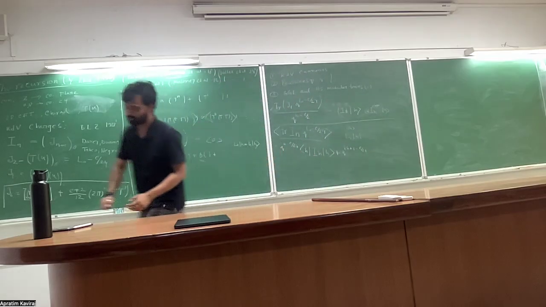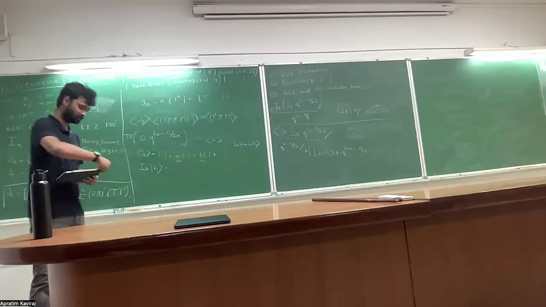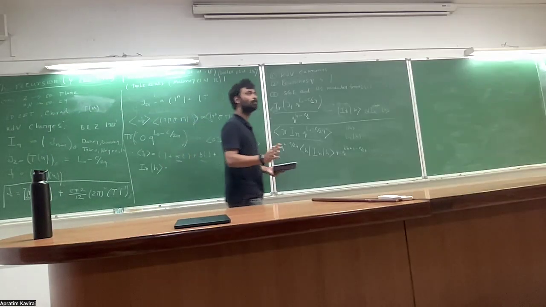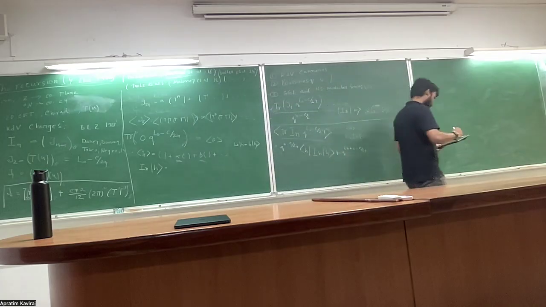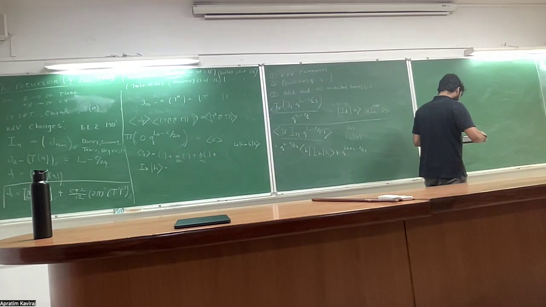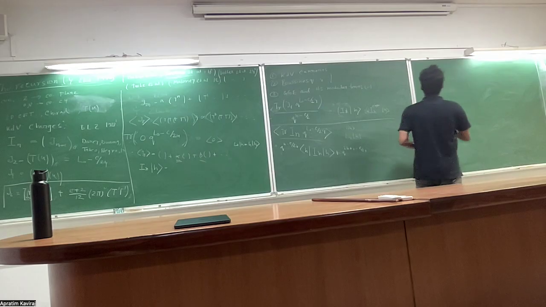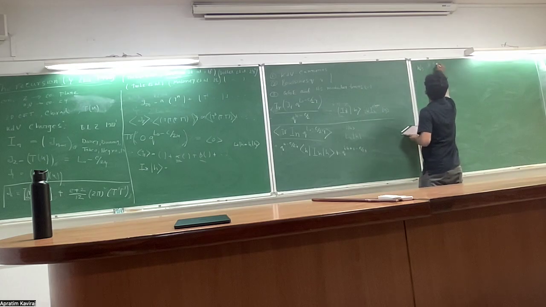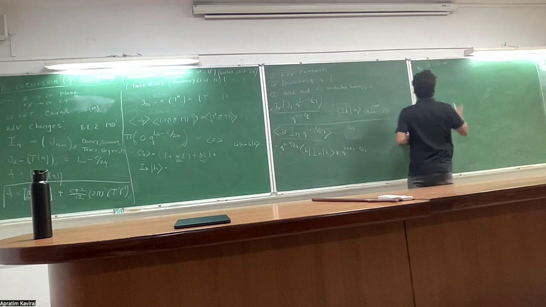So instead of writing the algebra, I am just writing the OPE because that will be helpful in the later cases. The W3 OPE, let's say. Now you have two things.